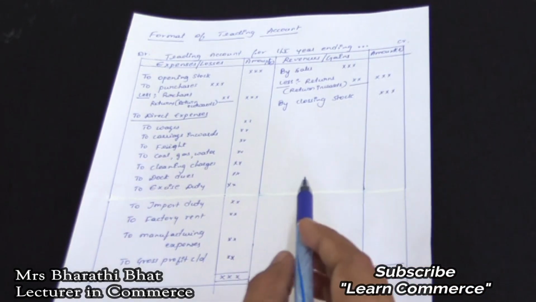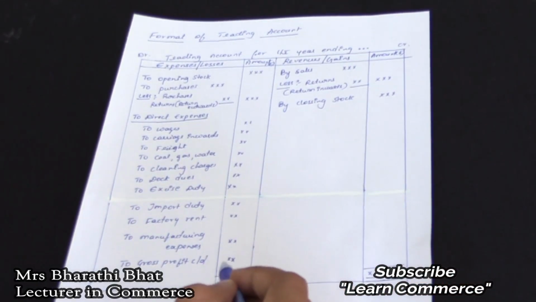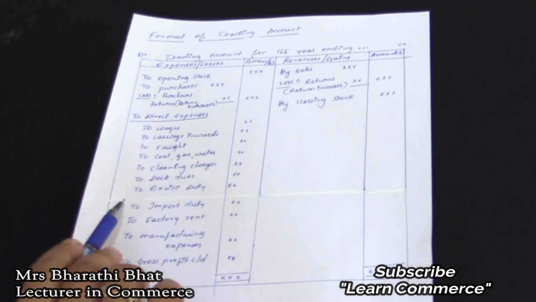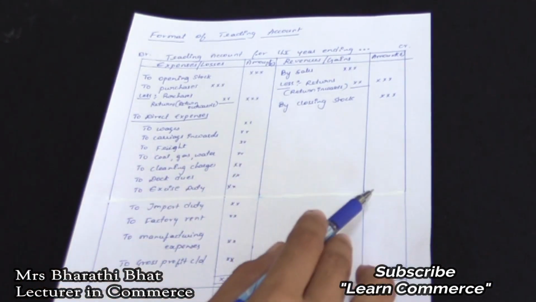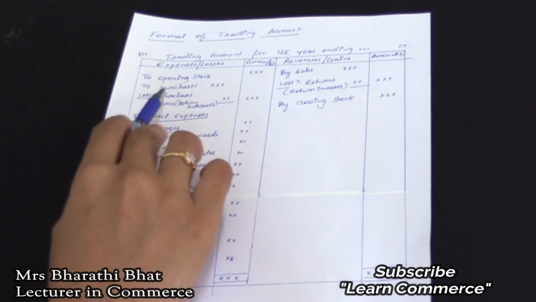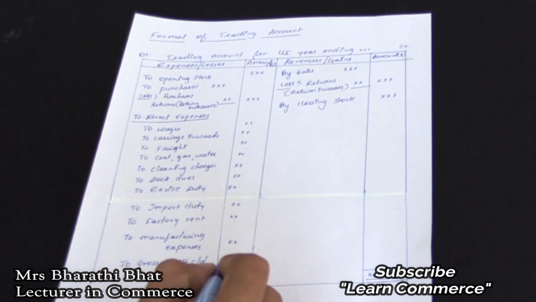And we know how to find gross profit. Gross profit means the excess of sales over purchases and direct expenses. If sales are greater than our purchases and direct expenses, then we get the gross profit amount.